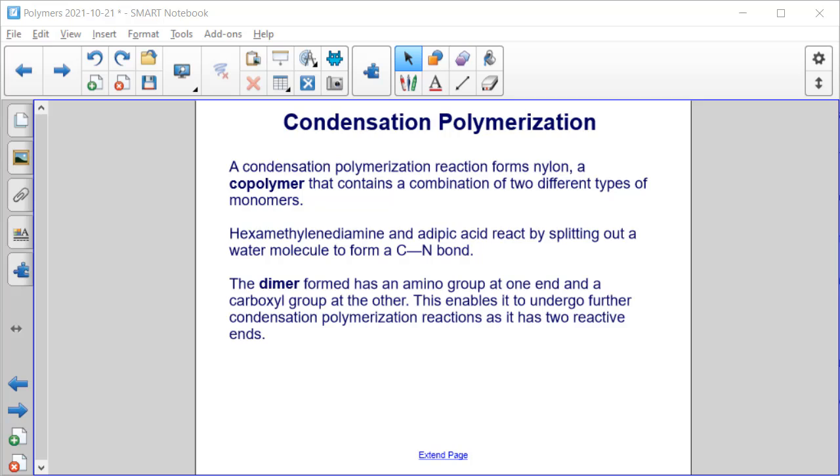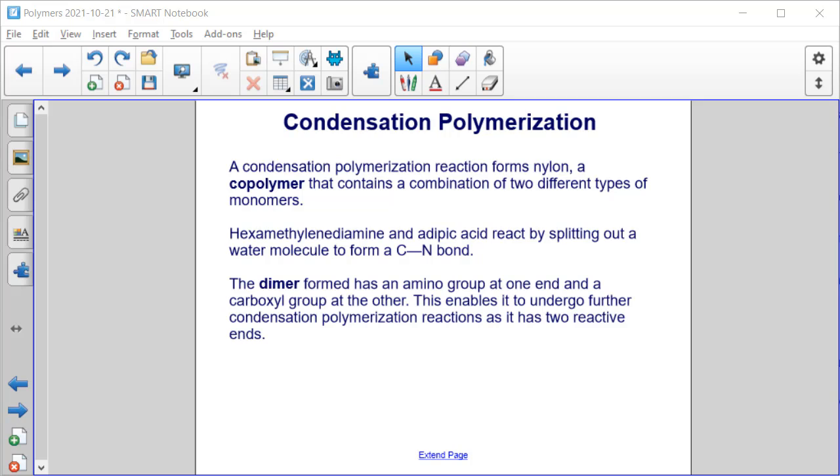A condensation polymerization reaction forms nylon, a copolymer that contains a combination of two different types of monomers. Hexamethylenediamine and adipic acid react by splitting out a water molecule to form a carbon-nitrogen bond.